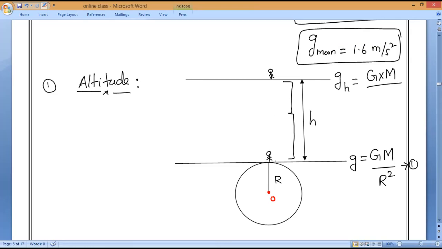Before, the object was at the surface, that is why we considered the distance between the objects equal to the radius of the Earth. Is it yes or no? Johan, Harini, when the object is at the surface, we consider the distance between their centers equal to the radius of the Earth. Now, the object is not at the surface.